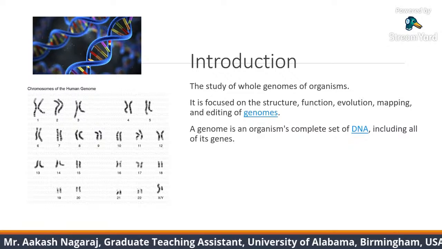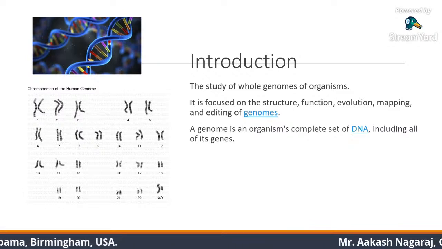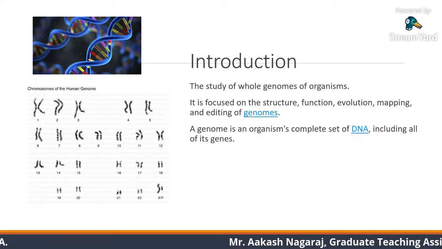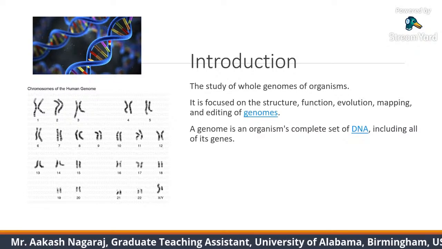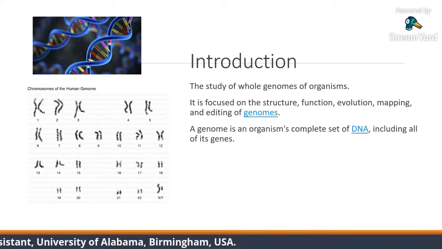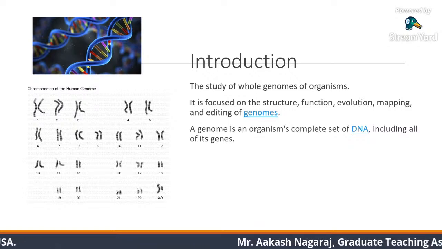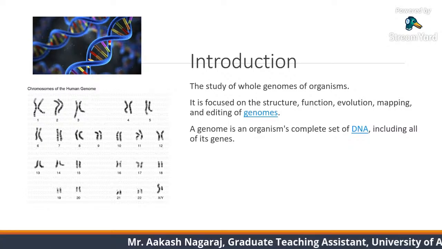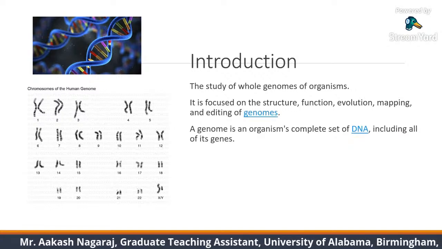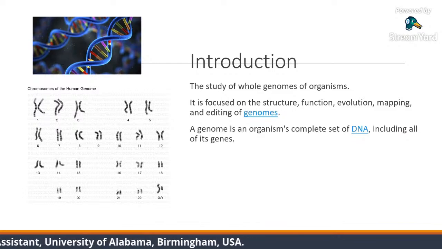So all of our DNA, the genetic material, is stored in these 23 pairs of chromosomes, and we get one chromosome from each parent. Suppose chromosome 1 means there is a pair, and one is the paternal chromosome and the other one is the maternal chromosome, and we get one from each parent.